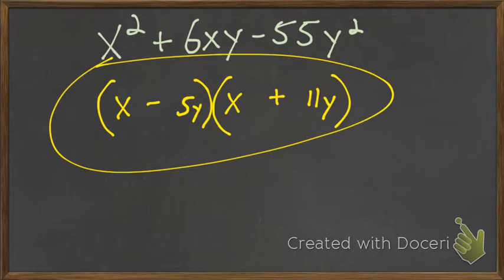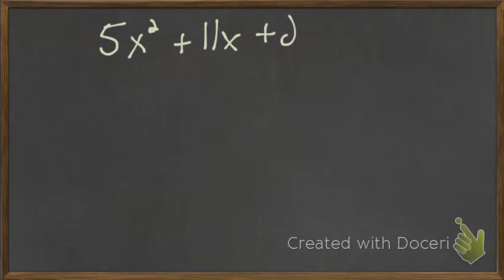So y'all ready for some harder ones? To start off with, I'm going to ease you in with one that's really not as hard as it could be. So we have 5x squared plus 11x plus 2. Now, this is where it starts to be a little bit more fun. And fun is a weird term for me, but I enjoy this.